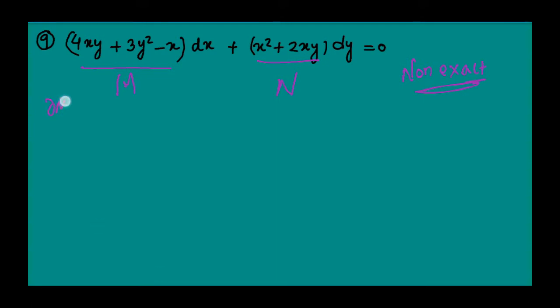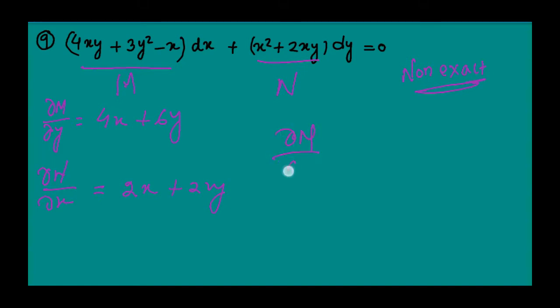So del m by del y, what will be del m by del y? 4x plus 6y. Del n by del x, this will be 2x plus 2y. These are not equal.